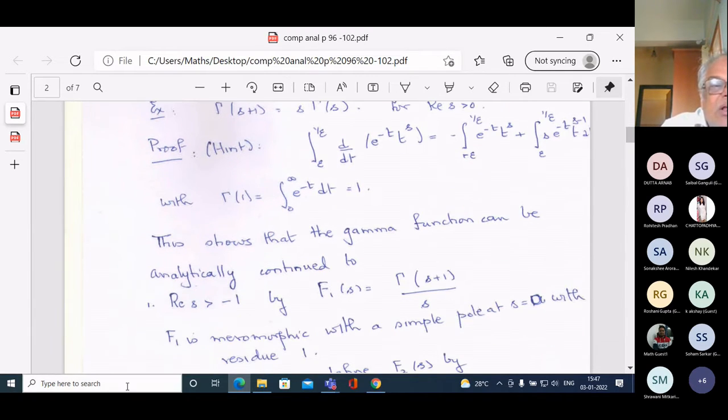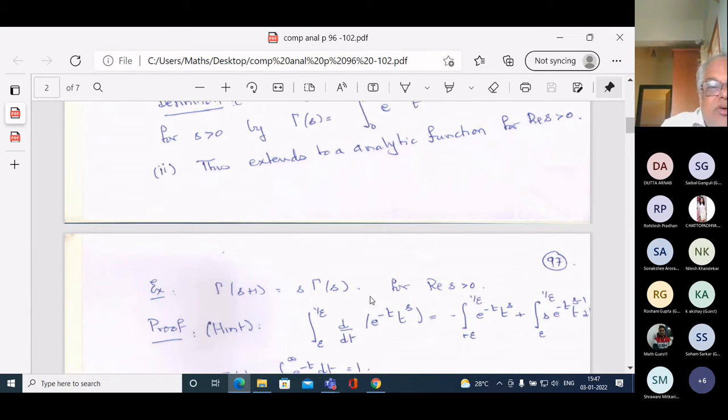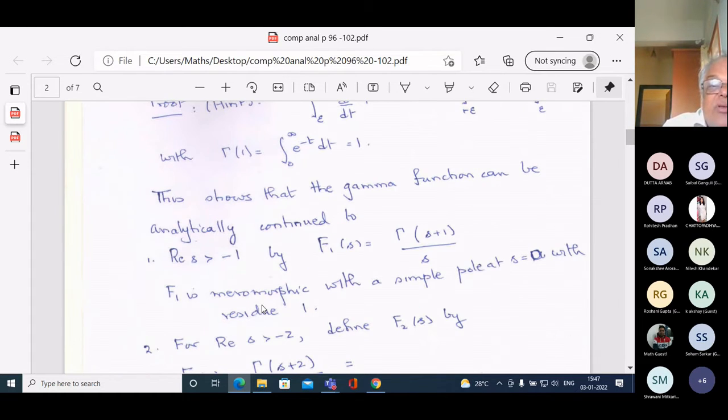But anyway, I want this relationship to be true, and this is true for real part of s greater than 0. So I use this to define gamma of s when the real part of s lies between -1 and 0. Gamma of s I will define to be gamma of s plus 1 divided by s. That is, let F1 of s be gamma of s plus 1 divided by s.